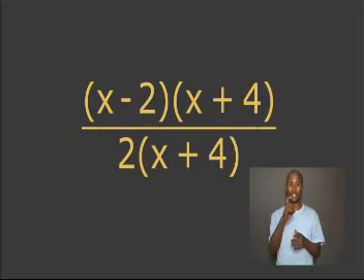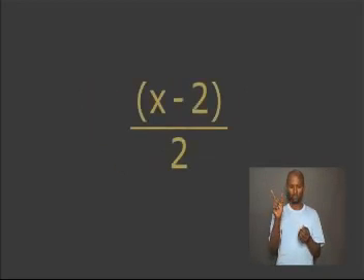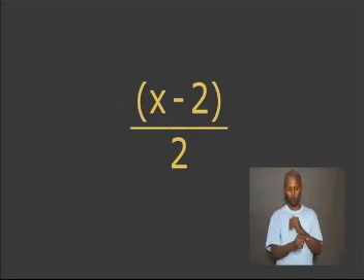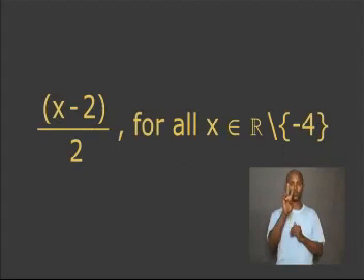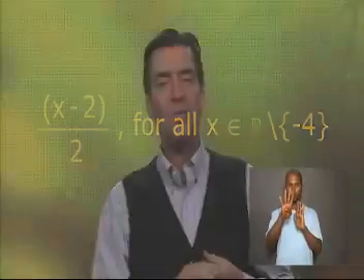X plus 4 cancels out, leaving x minus 2 over 2. Therefore, x minus 2 over 2 for all x an element of the set of real numbers without the set containing -4. Great job. Now let us learn to perform the 4 fundamental operations on rational expressions.